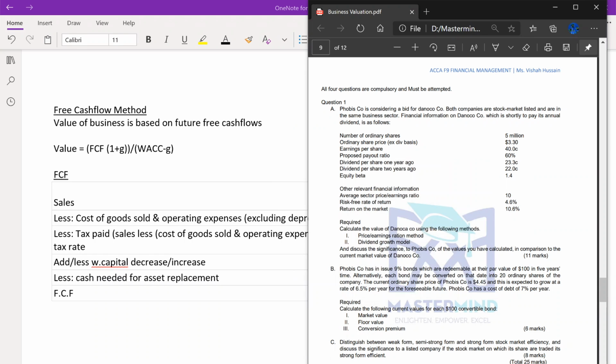But if you look at part B of the question, it says market value needs to be computed, floor value needs to be computed, and conversion premium needs to be computed. And I am telling you how to compute that on the notebook. So you can copy it, and I am explaining it to you as well.